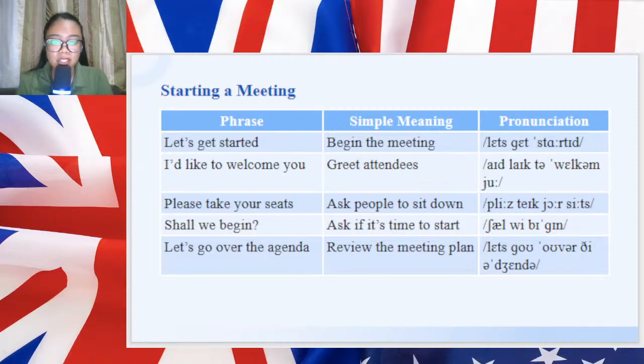Now, pronunciation wise, a common mistake that some learners make is the final ed in started. Look at started. It is past tense, right? So the final ed in started is often overemphasized as a distinct syllable, like id, start id, something like that.